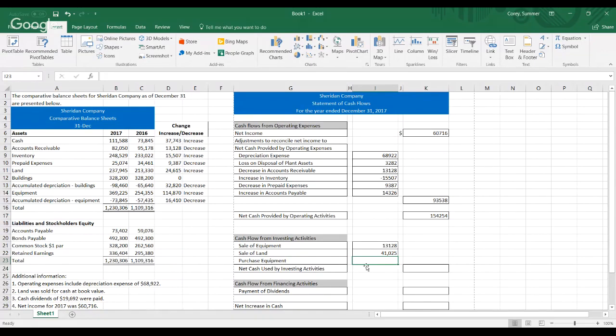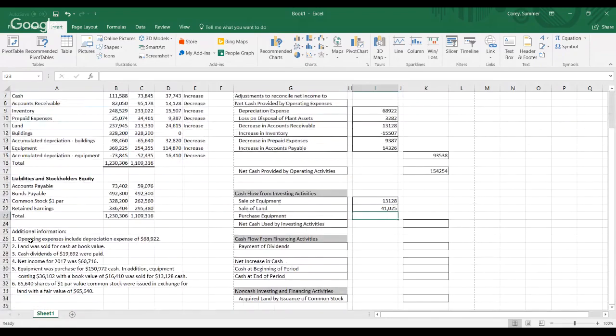$41,025. Next, we have our purchase of equipment. We're going to go back to number 5 over here, and it says that the equipment was purchased for $150,972. So we have $150,972, and then for the net cash, oh, I forgot this, because we purchased equipment, this needs to be a negative.